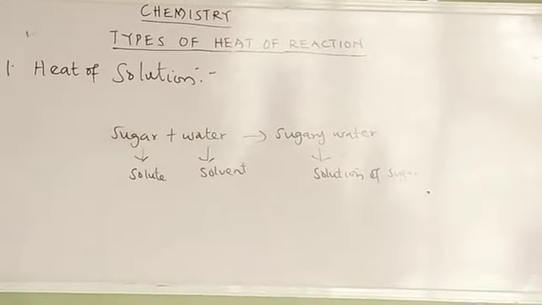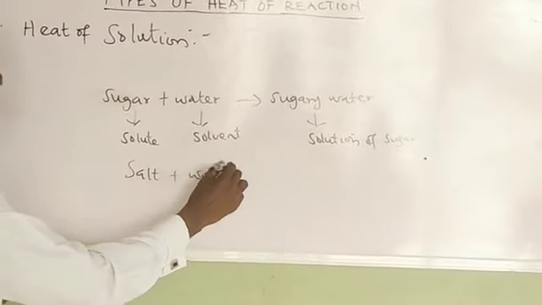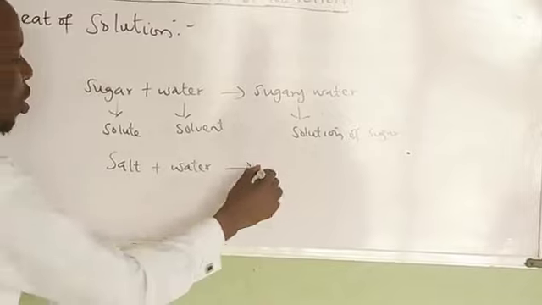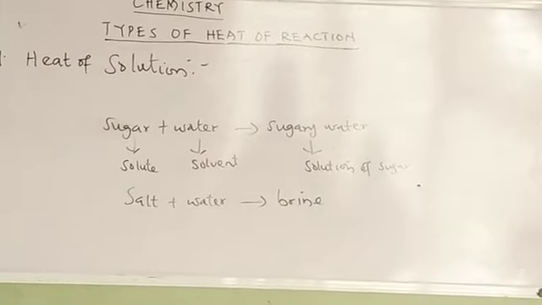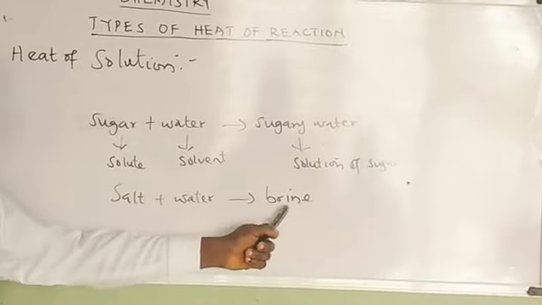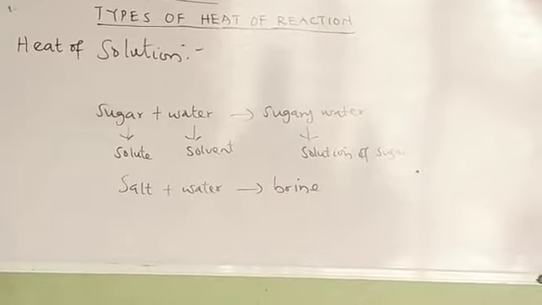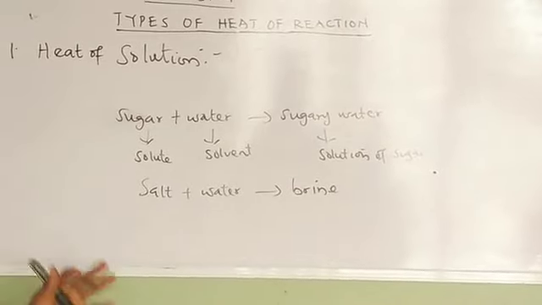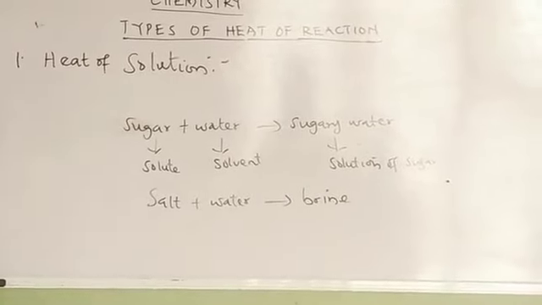Are you getting it now? If it is salt plus water, it is going to give us what we call brine. Are you getting it now? The meaning of brine in chemistry is salted water. If I asked you to give me a brine as a chemistry student, everything I'm asking you to do is to put some salt inside water for me.